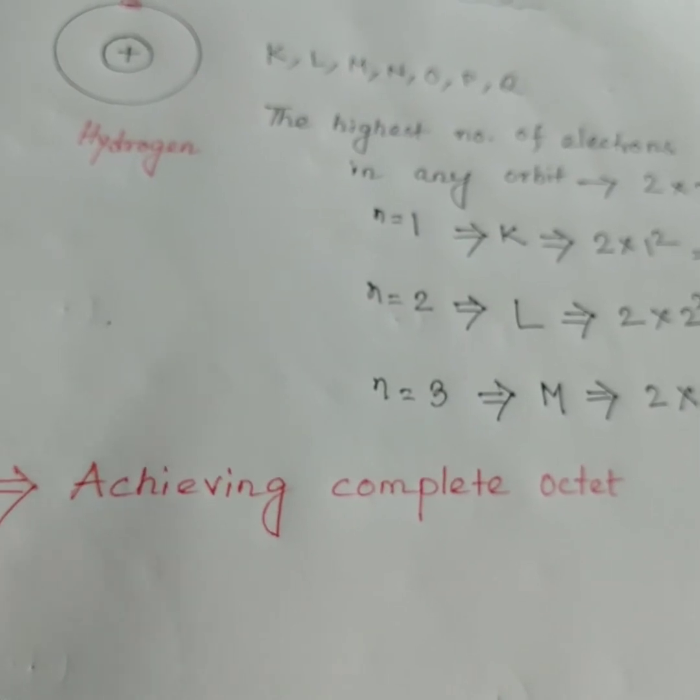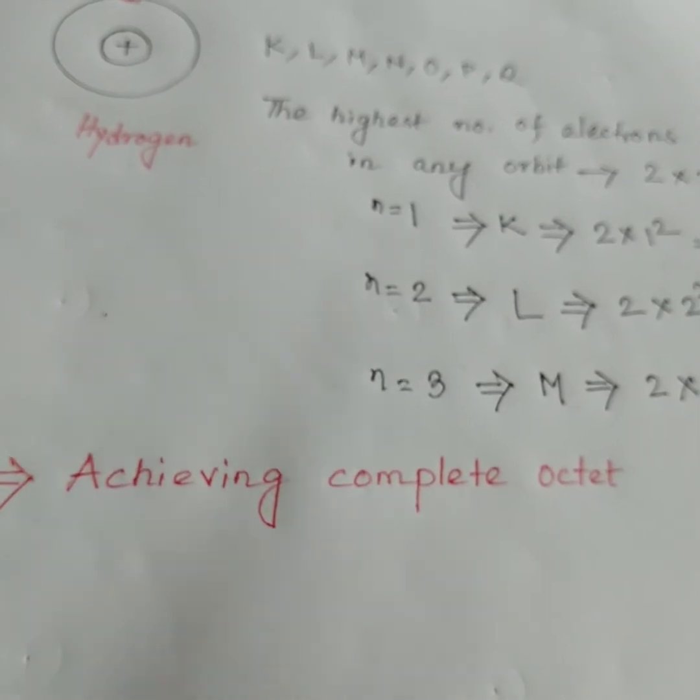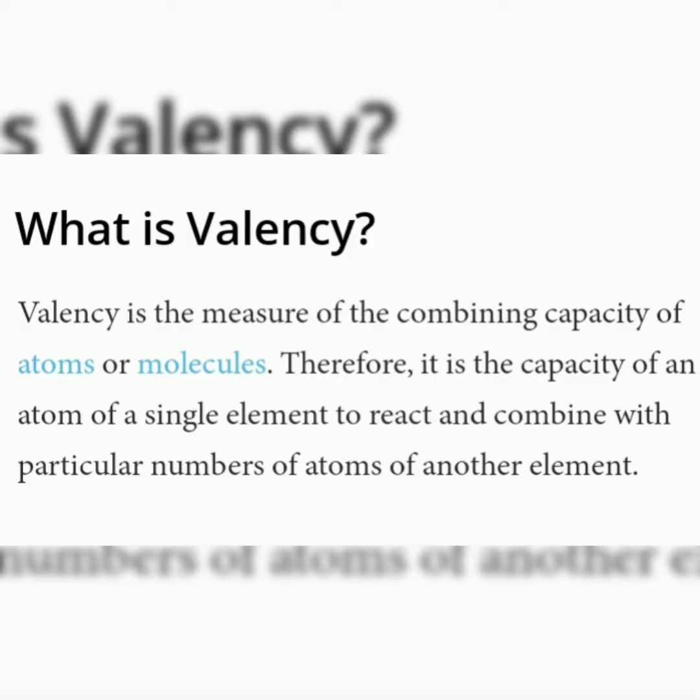This capacity of an atom determines valency. Valency is the measure of the combining capacity of atoms or molecules. Therefore, it is the capacity of an atom of a single element to react and combine with particular numbers of atoms of another element.